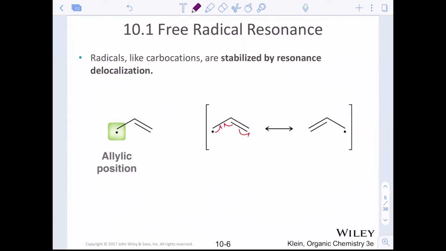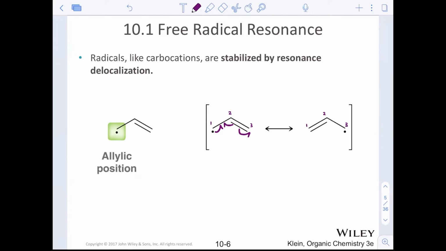Notice here the single barbed arrows. One electron from the radical is going to be shared with one electron from the pi bond. The other electron from the pi bond is going to become a new radical on the other terminal end. I'll call that carbon 3.